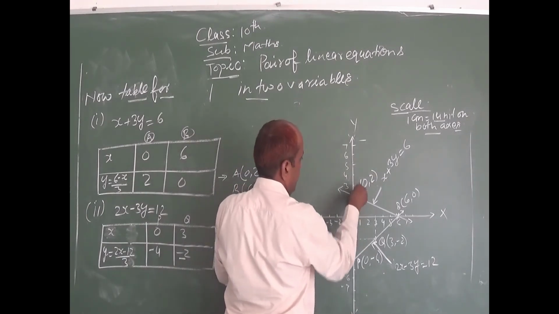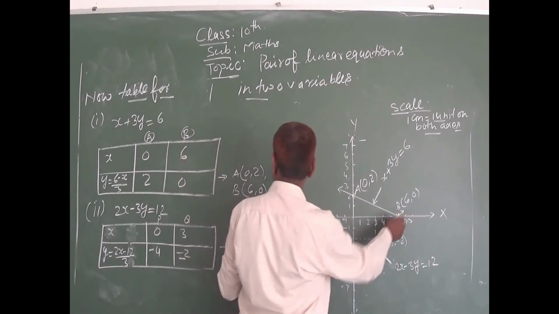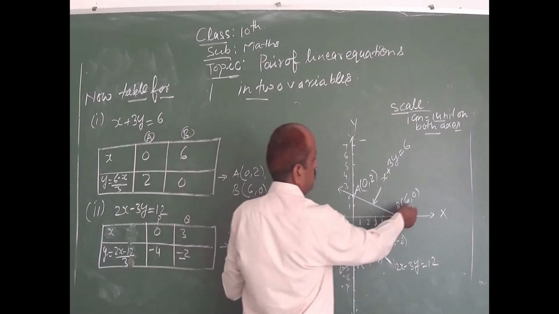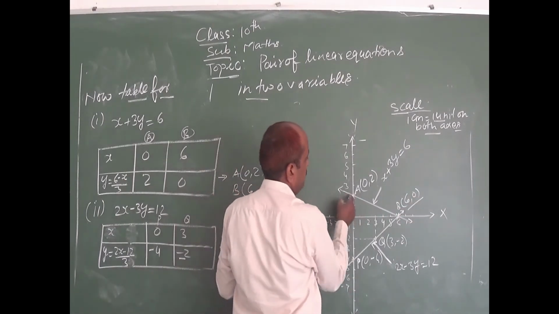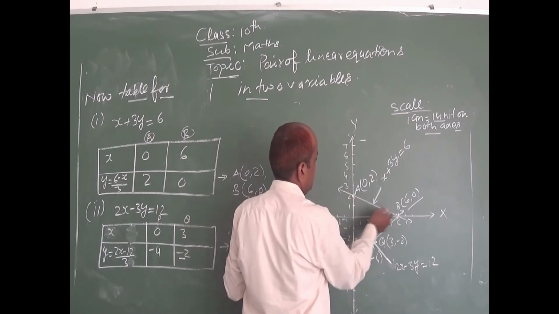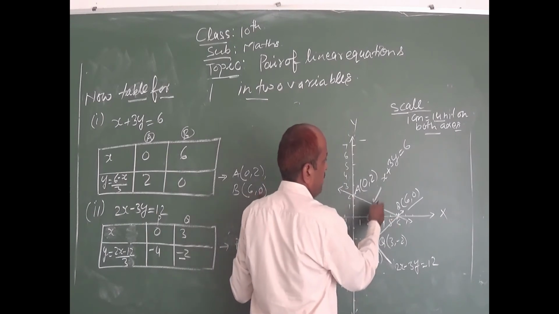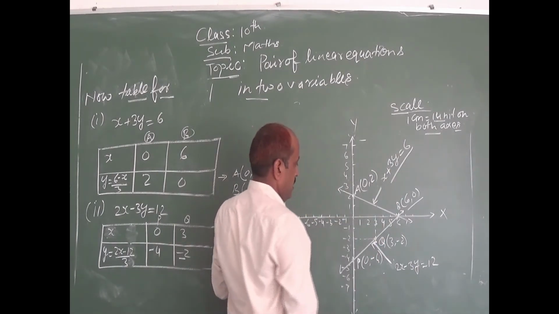And B is x is equal to 6 and y is equal to 0. Now we draw a line joining points A and B. This is the line which represents the equation x plus 3y is equal to 6.